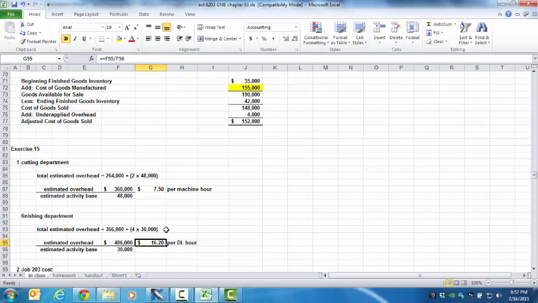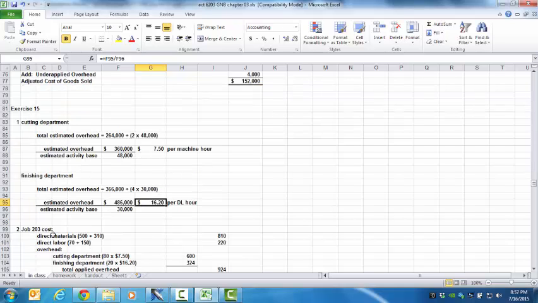Then we're asked to come up with the cost of job 203. So I'm going to add all the materials and all of the labor in both departments. But when it comes to the overhead, I'm going to track each department separately. The cutting department used 80 machine hours, and each machine hour is $7.50. I'm not going to look at any labor hours, just the machine hours.